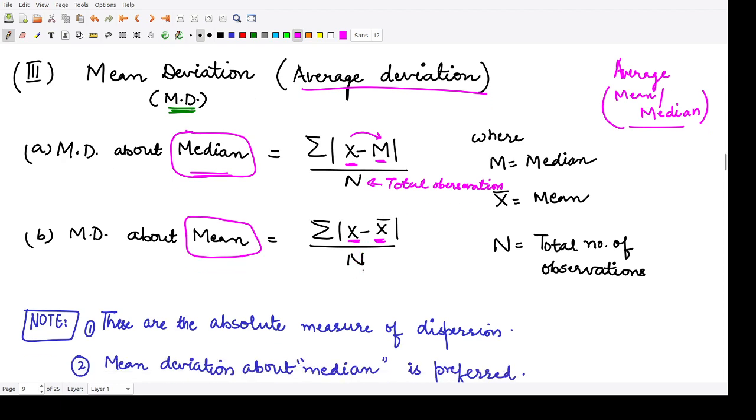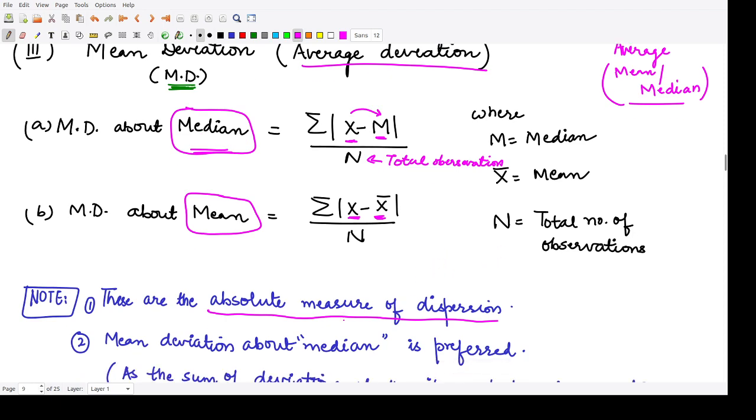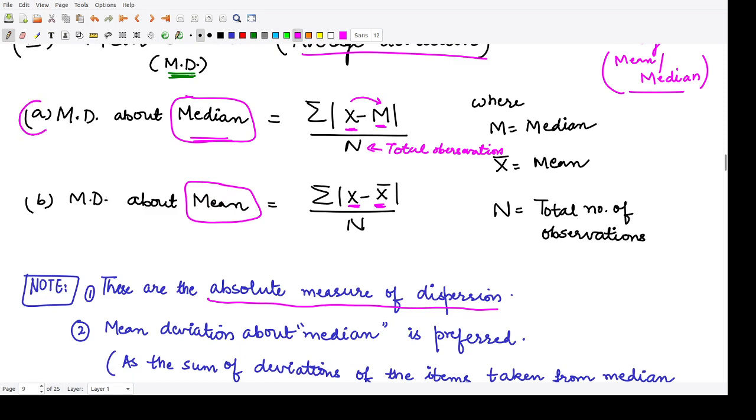So here you should note that this is also the absolute measure of dispersion. Why? Because here the units of this mean deviation are the same as that of the given data. Moreover, out of these two formulas, mean deviation about median is preferred. Why?